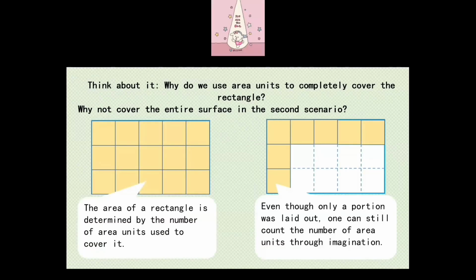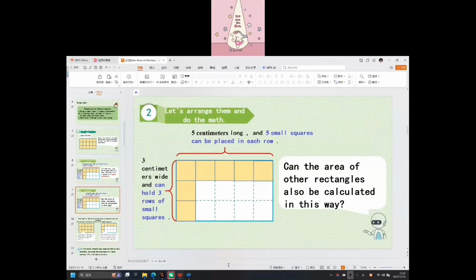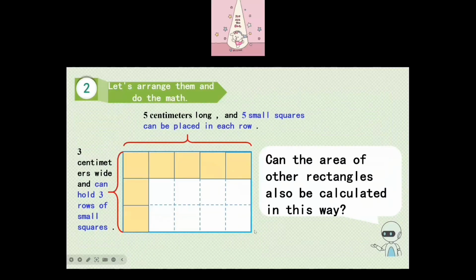Okay, group 2. Any extra explanation? We drew it as a grid with 5 columns and 3 rows.